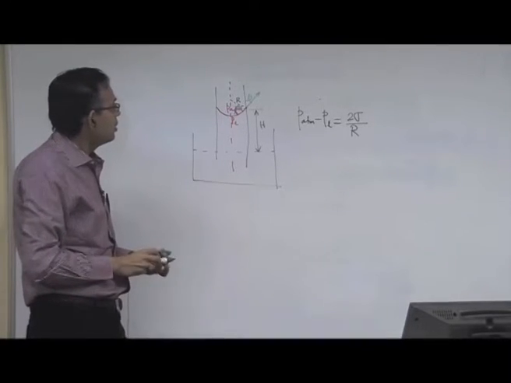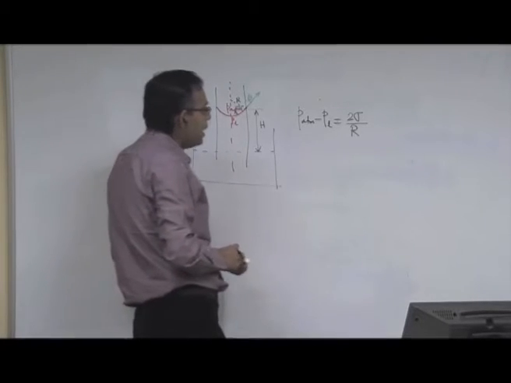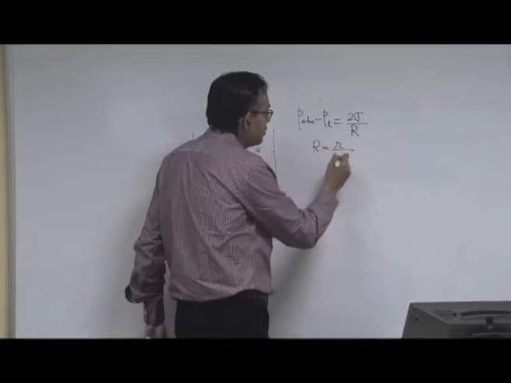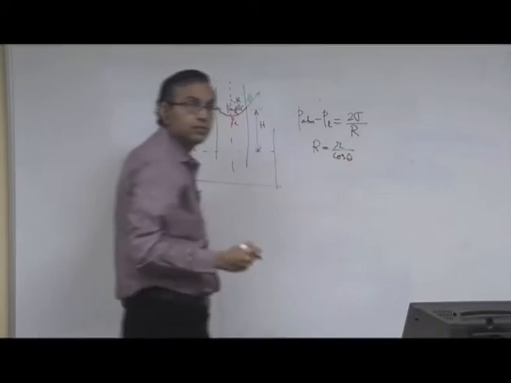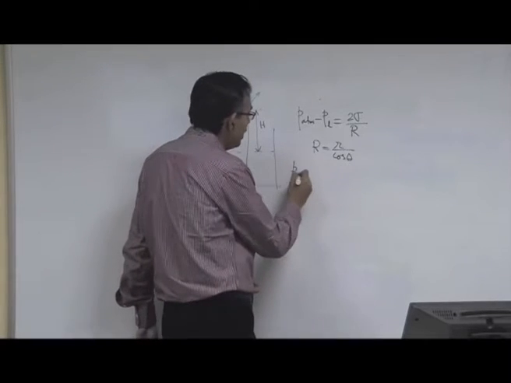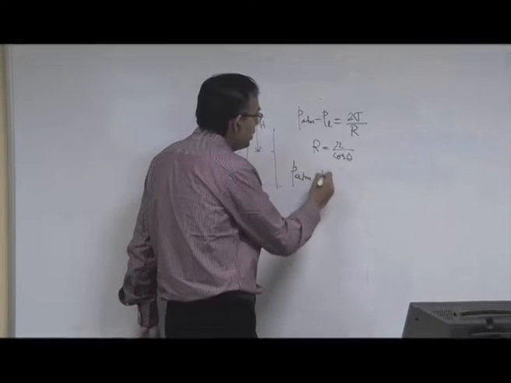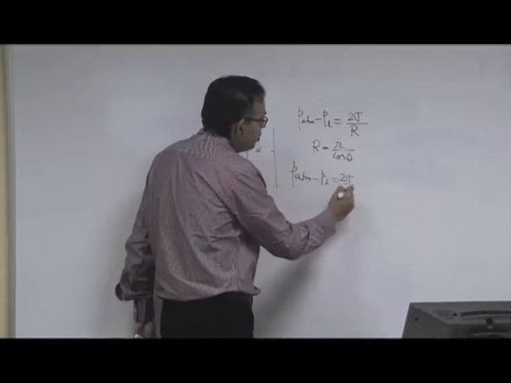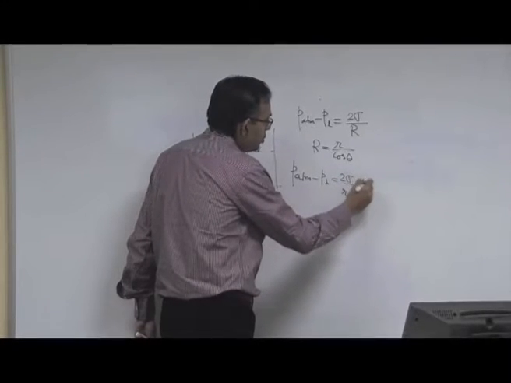Therefore, capital R is equal to small r by cos theta. So, P atmosphere minus P liquid is equal to 2 sigma by small r cos theta.